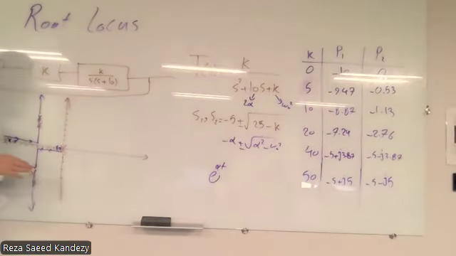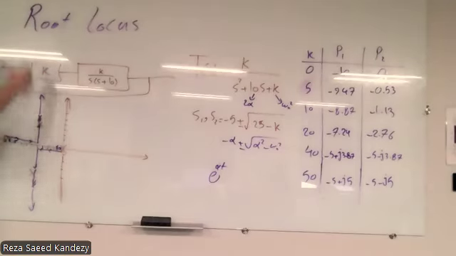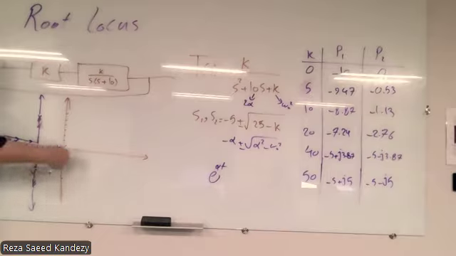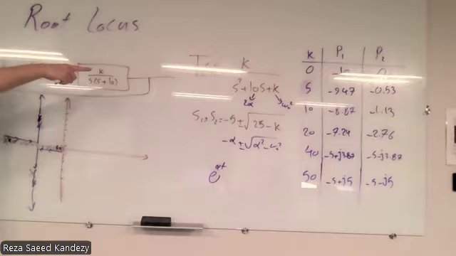By changing the K from 0 to infinity, we draw the trajectory of those poles. Regardless of what K is, the poles still remain on the left-hand side. So now that system is stable regardless of the K.